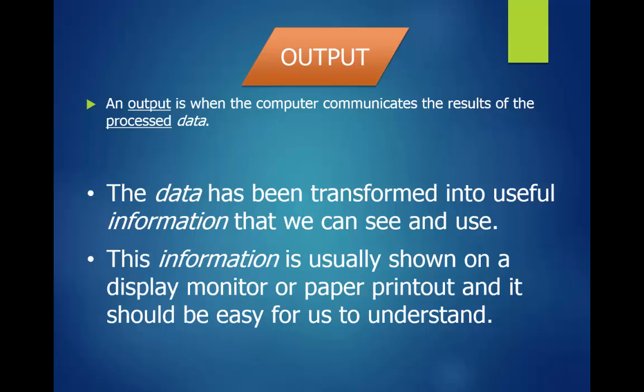An output is when the computer communicates the results of the processed data. The data has been transformed into useful information that we can see and use. This information is usually shown on a display monitor or a paper printout, and it should be easy for us to understand.